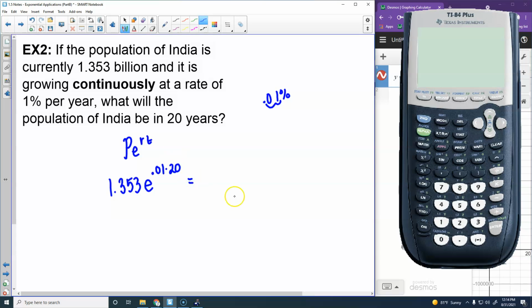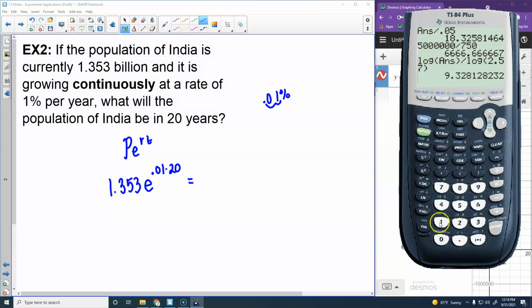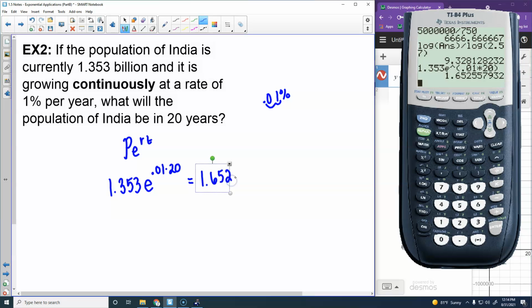This is a pretty straightforward problem. So we got 1.353 e to the 0.01 times 20. And so I get 1.6525. I'm going to just go 5, 6 there, but if you want, let's just do 1.653 billion people.